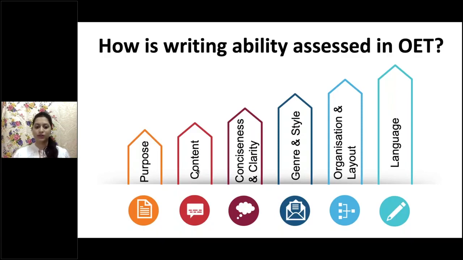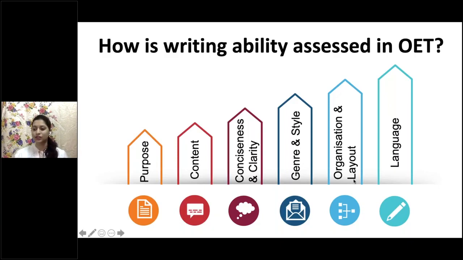It should be well laid out. Genre and style: whether the register, tone, and use of abbreviations are appropriate for the reader. For example, if you are writing a letter to a specialist, then you can use medical terminology. If it is for a layman, which is hardly ever the case, then you will have to cut down on medical jargon.